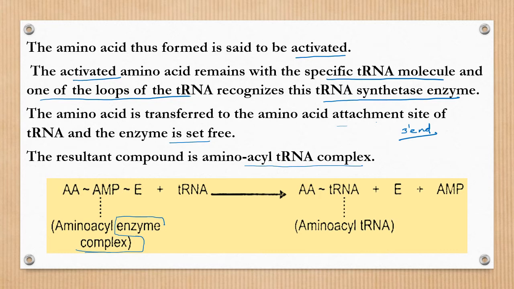When it reacts with that enzyme, the enzyme and active amino acid are present together. When the enzyme is detected, the active amino acid is attached to the attachment site of tRNA, and the amino acyl tRNA synthetase enzyme is separated, or becomes free. Again, this is repeated: the amino acyl tRNA synthetase reacts with another inactive amino acid and makes it active.